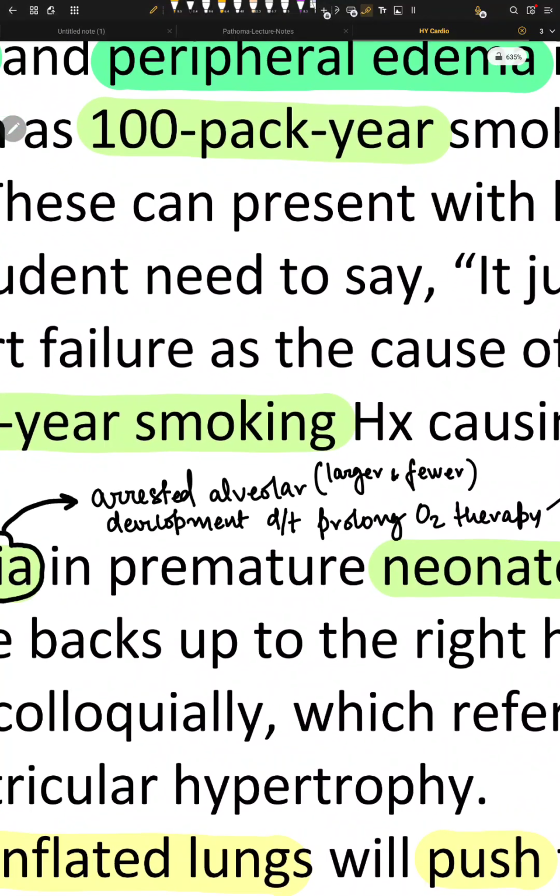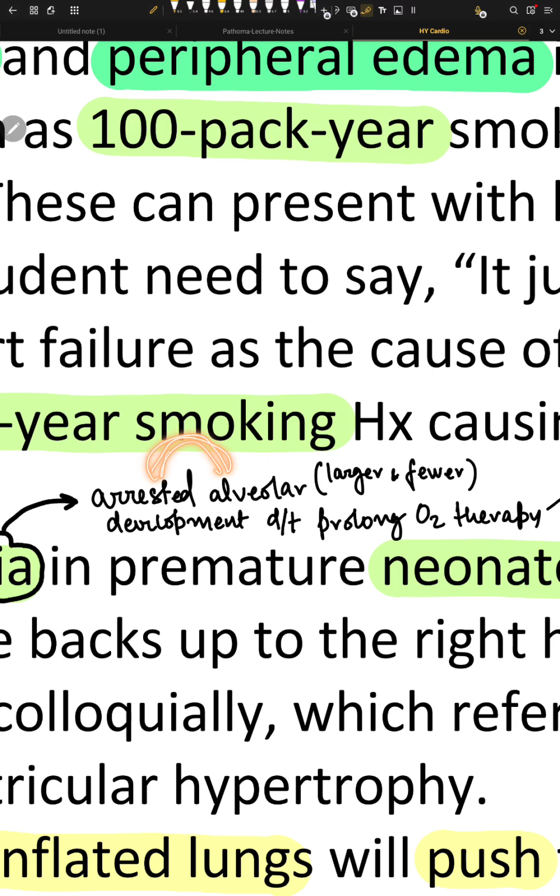And why does it happen? Because these little kids are maybe lacking in surfactant, maybe something's wrong with their lungs. And when something's wrong with their lungs, their alveoli are arrested now. Now, once the alveoli are arrested, they become larger and fewer because they are now conjoining with each other. Now, the development due to prolonged O2 therapy, now these small little neonates are put on oxygen, right?